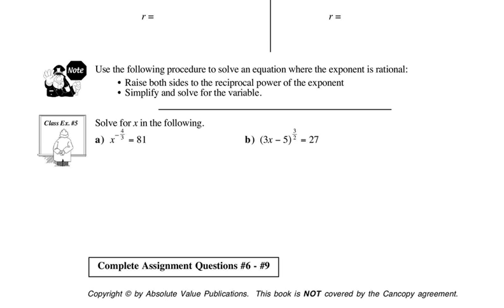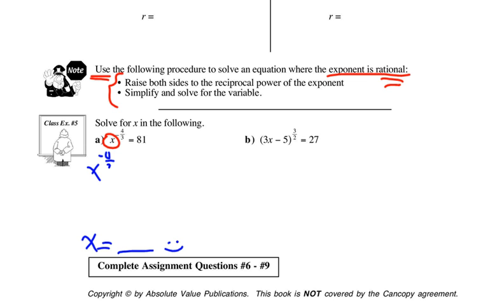So sometimes, and this is an important note, we can't express things as the same base. So in this case, you use the following procedure where you have a fractional exponent and you're trying to solve for the base, right? So in this case, we have an exponent of -4/3, but what we really want is just x equals our number to make us happy. How do we blow up that -4/3?